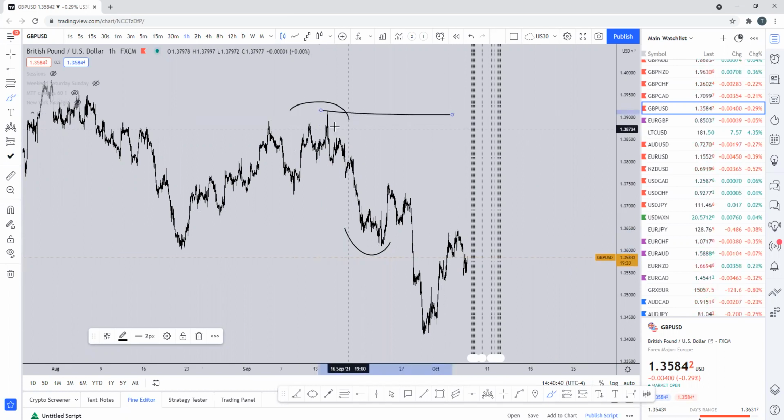What will happen though, as we go down for the sale, when it's time for price to retrace, price will retrace going up. That doesn't mean the 1 hour is bullish. The 1 hour is still bearish. However, we have inner structure that is bullish.